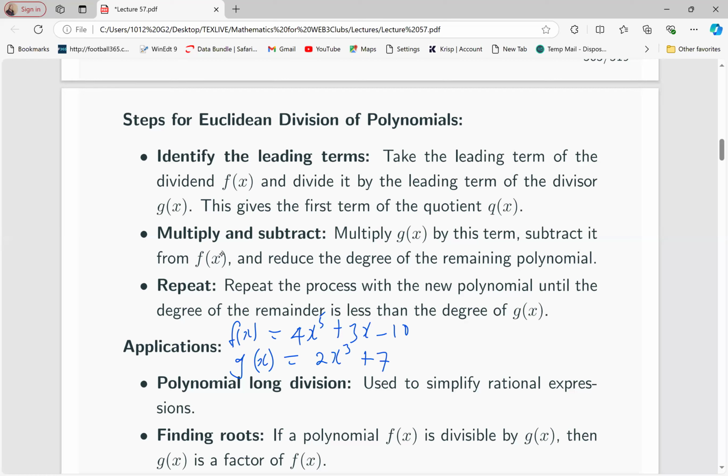Now, I want to divide this into that and find out how many times it goes there and what is the remainder. That's what I want to do. So the first thing I do, for me to divide this into this, I'll identify the leading terms.